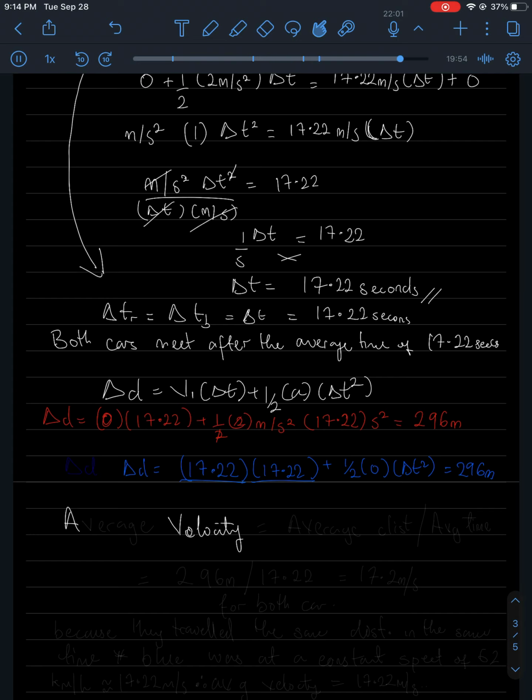So finally, for the average velocities of both cars, we know our average velocity will be equal to the average distance traveled divided by our average time.